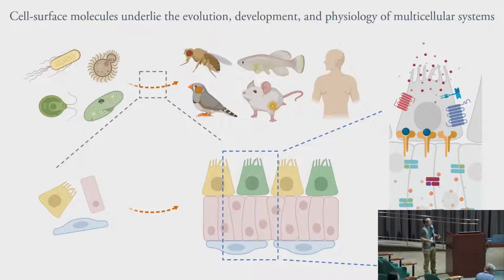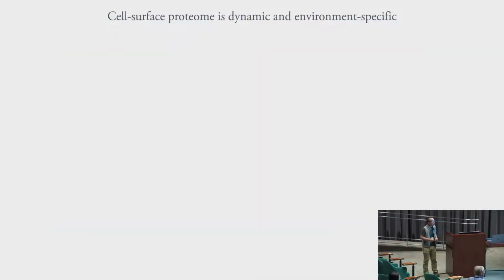Thus, cell surface molecules and their signaling are of central importance for the evolution, development, physiology, and pathogenesis of many multicellular systems. There are many ways for us to do cell surface proteomic profiling in cultured cells, and that yields tons of new biological insights and therapeutic targets.